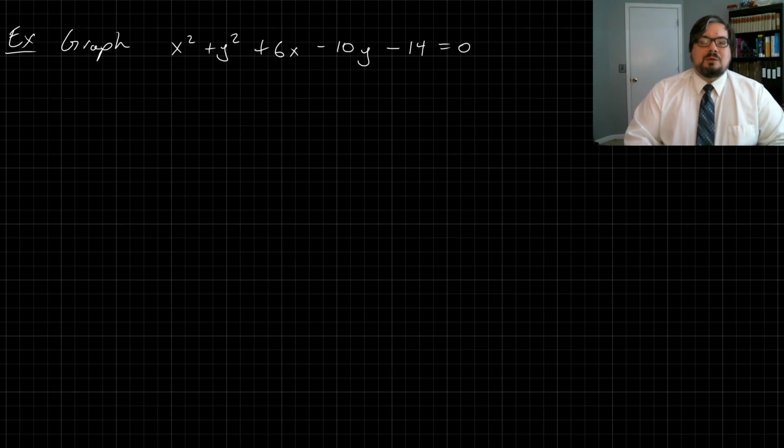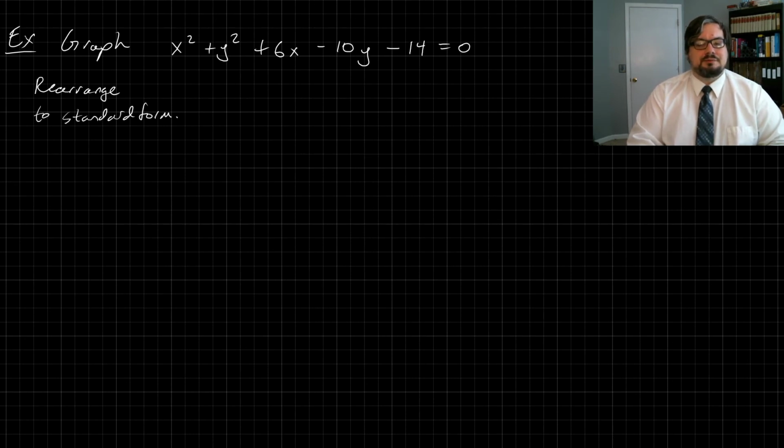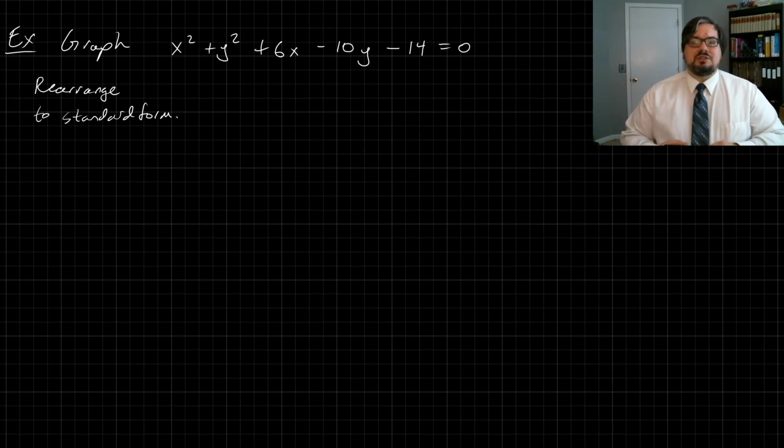So what we would want to do is rearrange this equation. We want to get an equivalent form of this equation in order to put it into standard form. First of all, we want to see why we recognize this as the equation of a circle, and we recognize it because it's in general form.